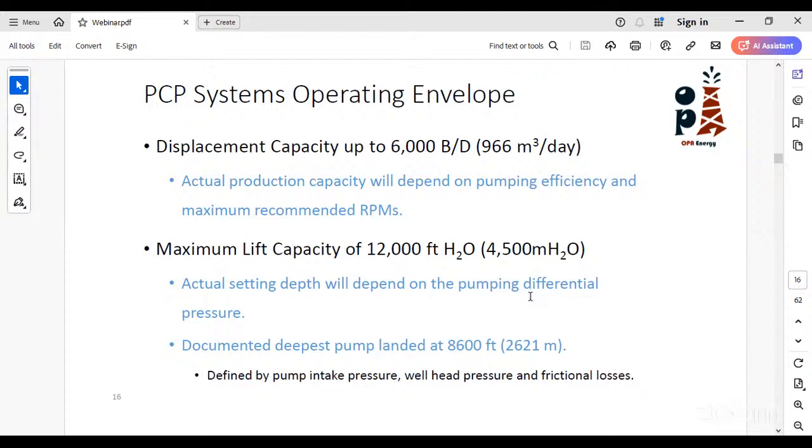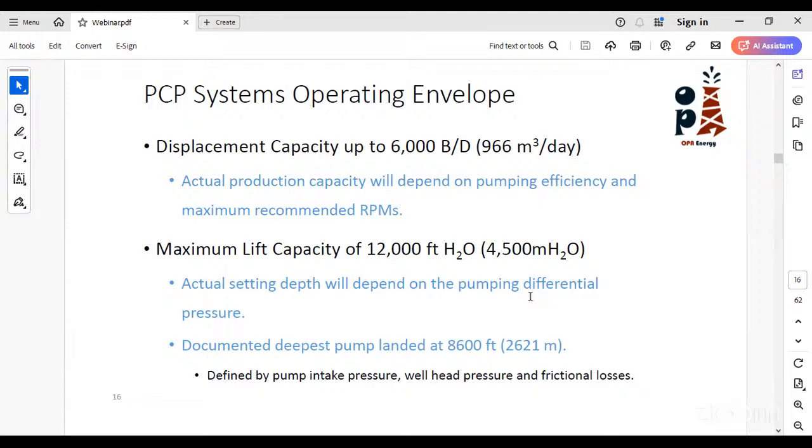We are telling you that the PCP design is case by case. You can have a look at your application, specify the different challenges in your application, and then decide if the PCP is the best artificial lift application for this design, or if any other lift can help better than the PCP.